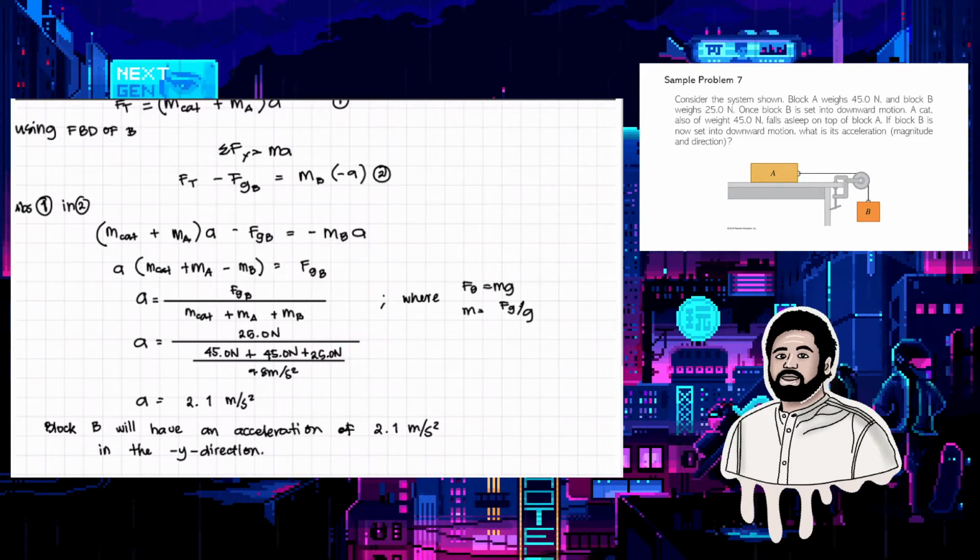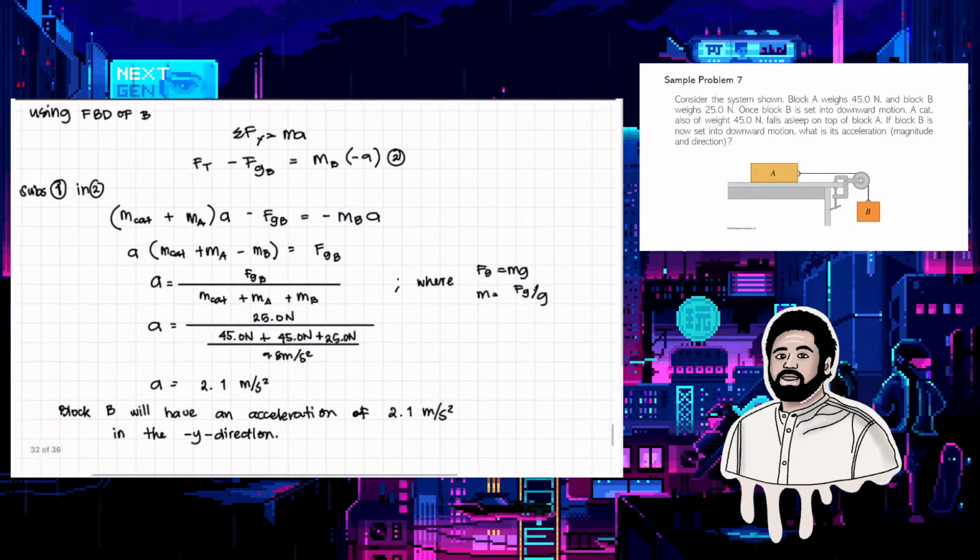I'm given the weight of my objects: the weight of the cat, 45, the weight of block A, 45, and the weight of block B, 25 newtons. I did not do this operation one by one; I just took advantage of my calculator because I could enter this all at once. So acceleration now is equal to 2.1 meters per second squared.